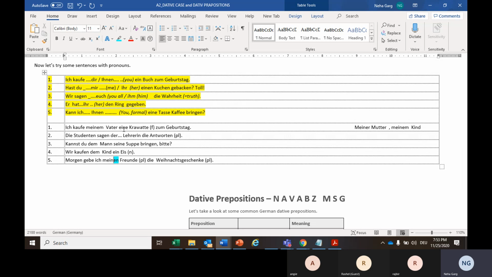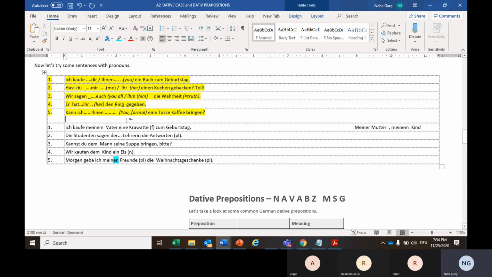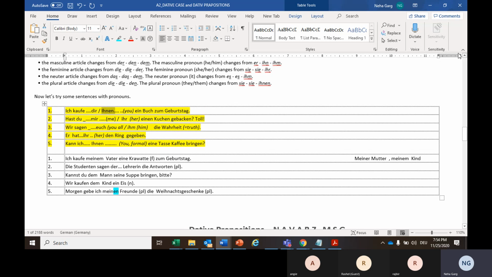For now, no homework. After this class, I'll place this sheet in Google Drive, A2 dative cases. Just go through these sentences again and let all the meanings and dative endings sink into your mind. Try to understand how they change as per the cases. And while you do that, don't just pay attention to the dative cases, but also the overall sentence structure, the accusative case, how we have conjugated the verb or placed the verb.